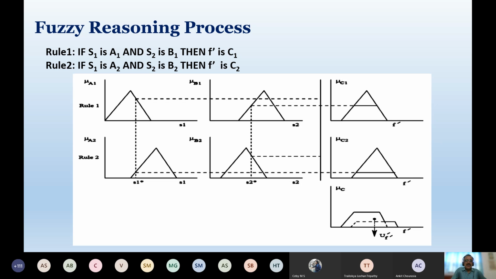And as I told you, those are very frequently used in your MATLAB package because MATLAB knows only matrix operations. So you'll have to represent everything in matrix form. Even the fuzzy set you can represent in matrix form. If you want to work in the MATLAB toolbox, you'll have to give the fuzzy set in matrix form only.